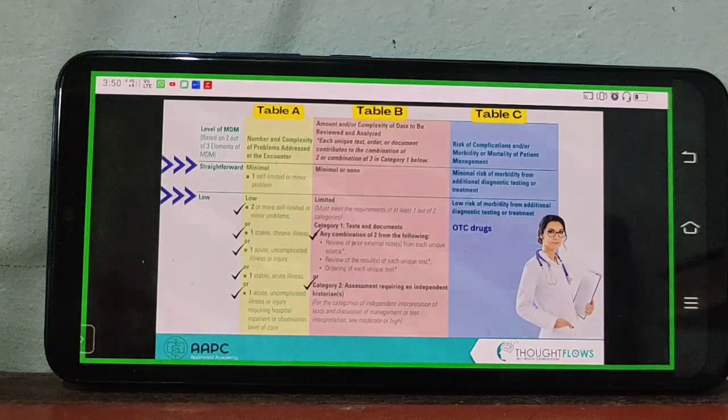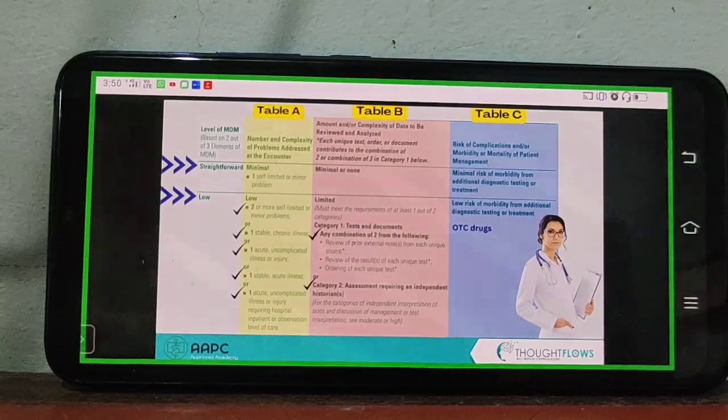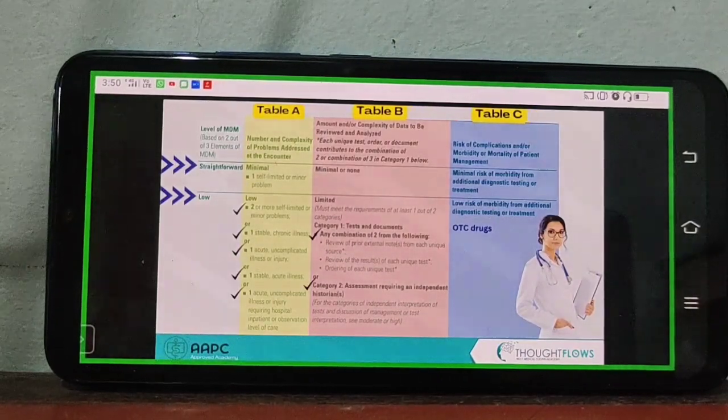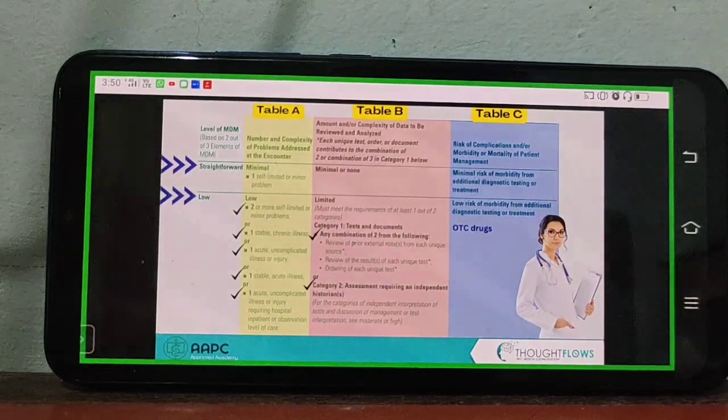Check the left corner of the table, the top corner. What statement is given there? Level of MDM, based on 2 out of 3 elements of MDM.